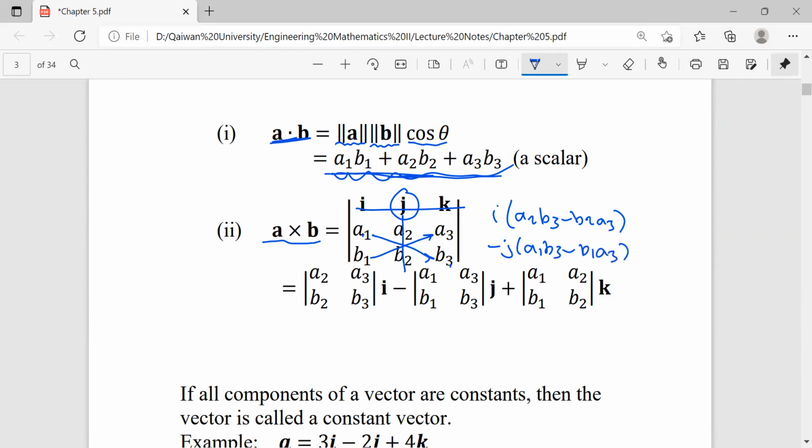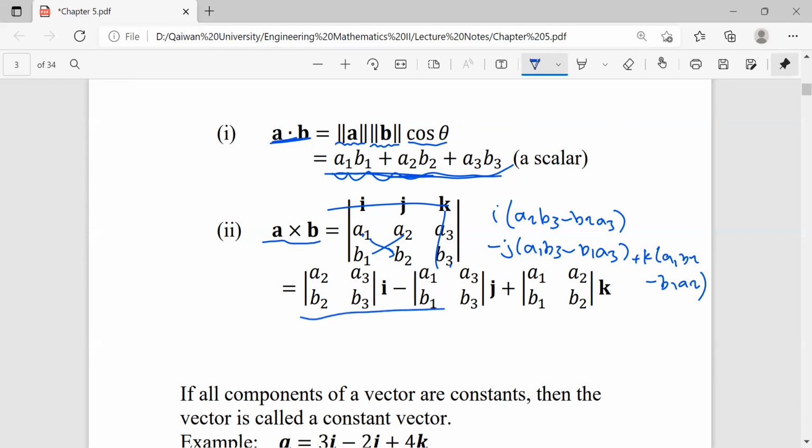Then plus. For k, we remove these two rows and columns, and we get k times a1b2 minus b1a2. This is how to find the cross product of two vectors.